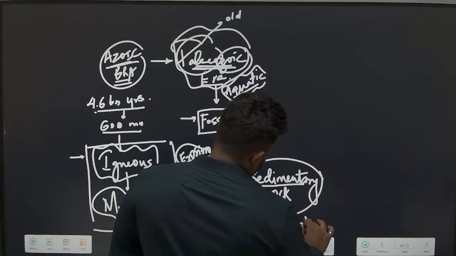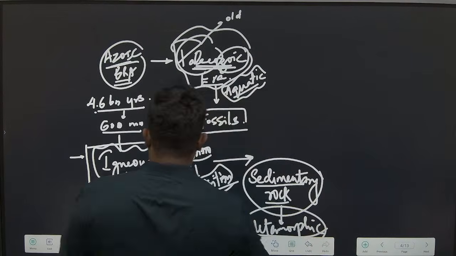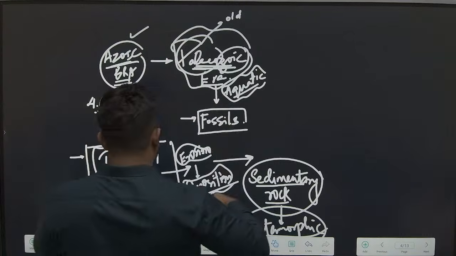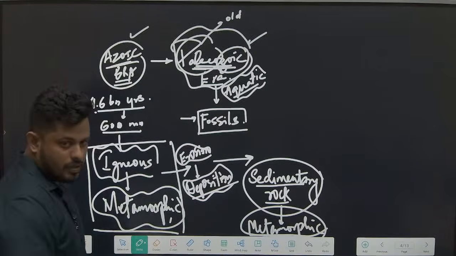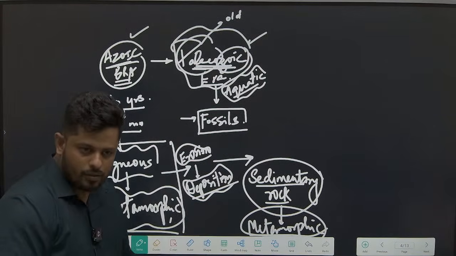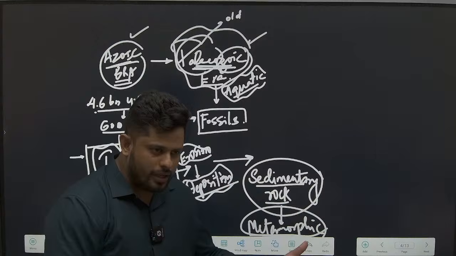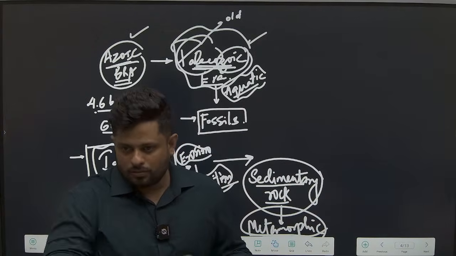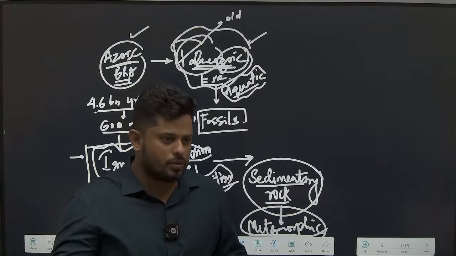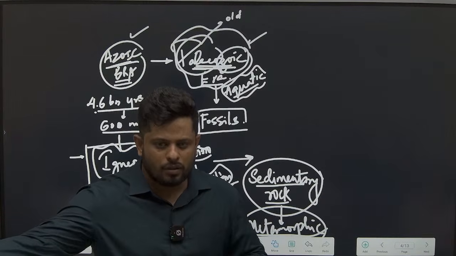Most of the rocks that have been formed in the Azoic era and most of the rocks that have been formed in the Paleozoic era today are in the form of metamorphic rocks. I hope you know the examples. If there is cooling and solidification of the volcanic magma, probably we might get granite. If granite undergoes metamorphism, we call it gneiss.